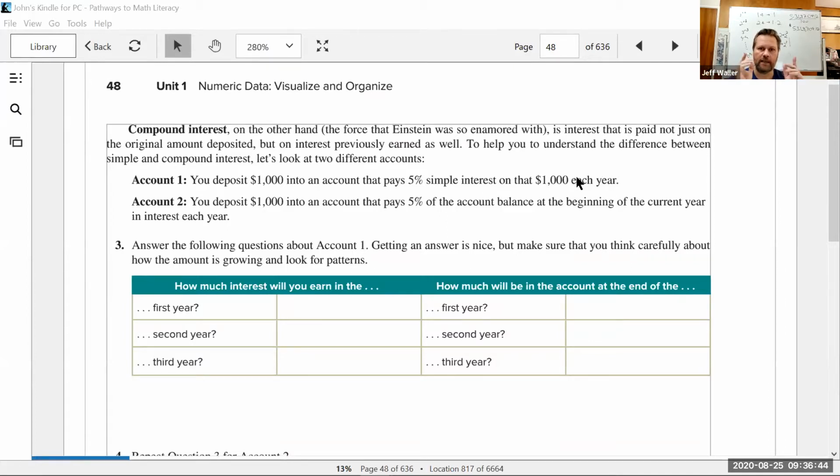That means it calculates it once and then just keeps adding that same amount. So can somebody help me out? How much interest will I earn after the first year? $50. Yes, everybody see how he got that?